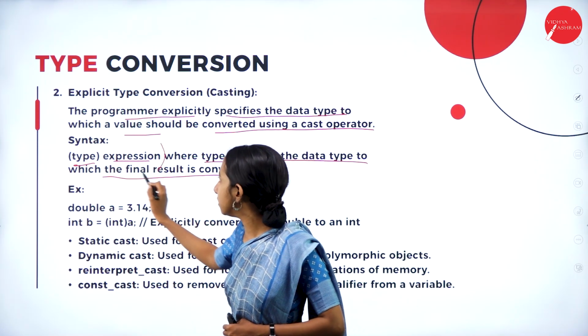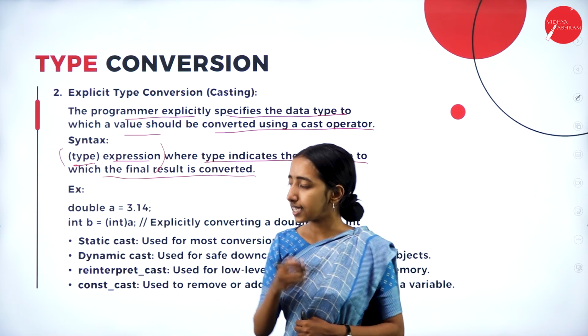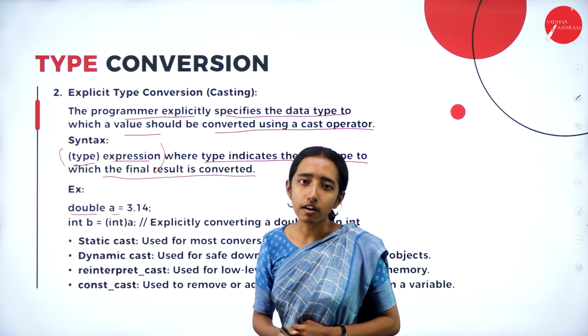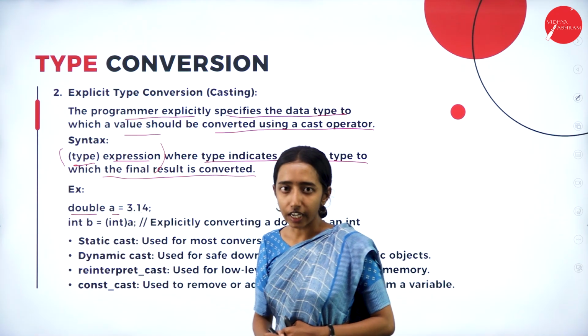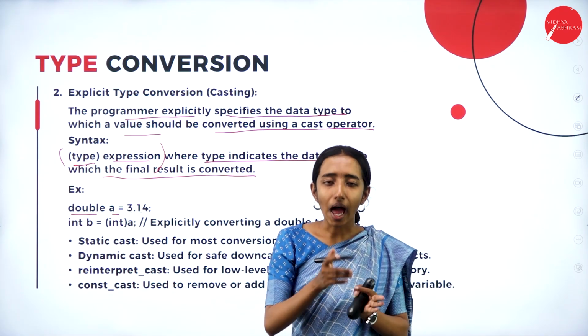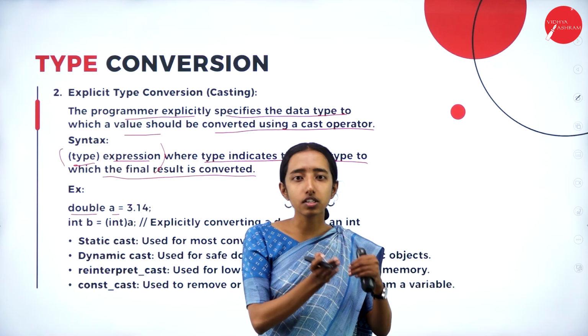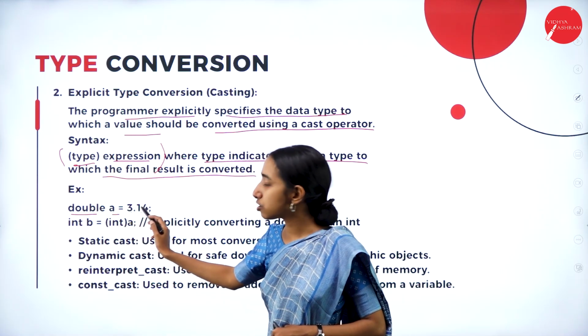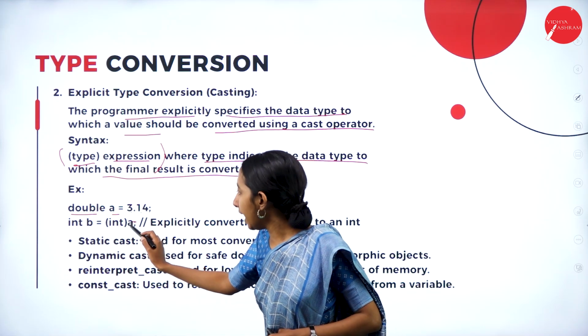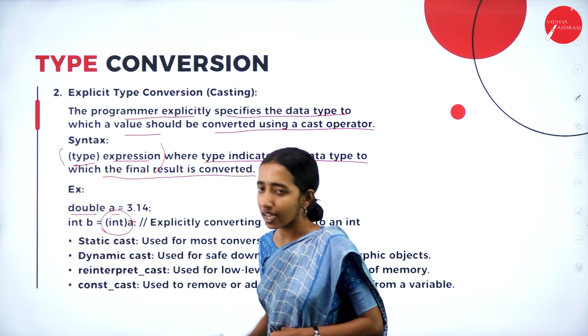This is the syntax. Example: double A equals 3.14, int b. Now I am converting the larger into the smaller. So double A is equal to 3.14, int b is equal to A, and I am typecasting.